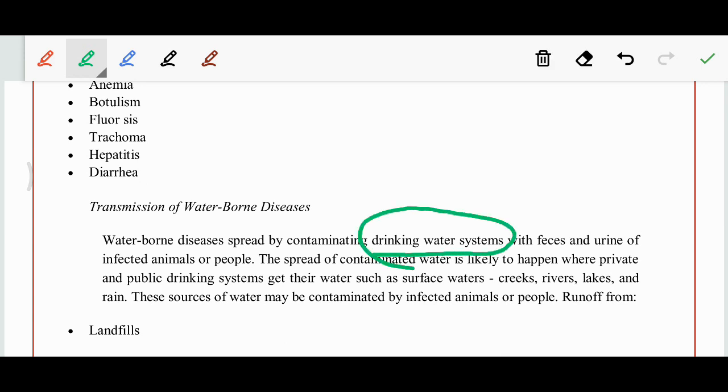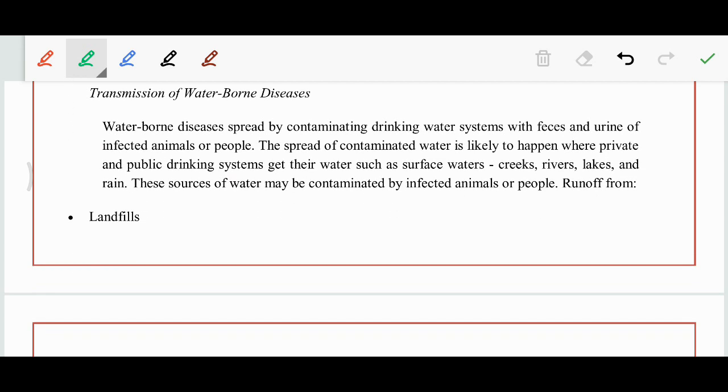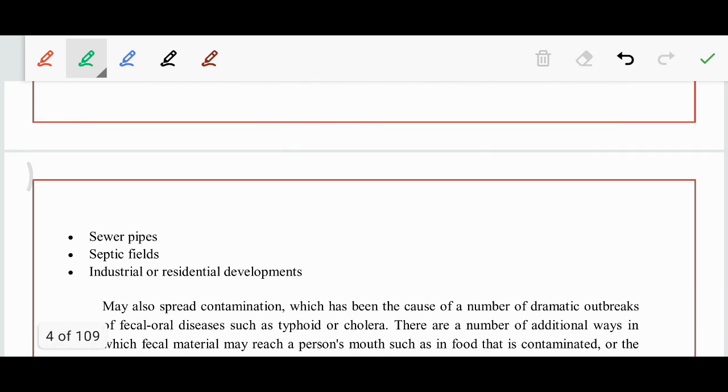It is spread by contaminated drinking water, infected by people or animals through their urine or waste. It is also spread by improper landfilling, or by leakage of sewer lines, septic fields, industries, right?